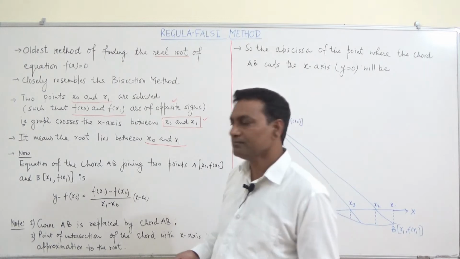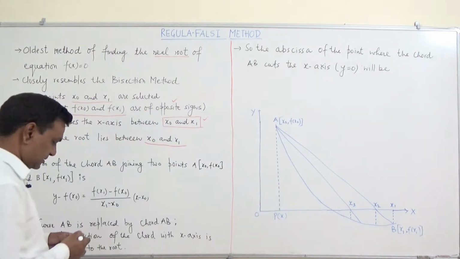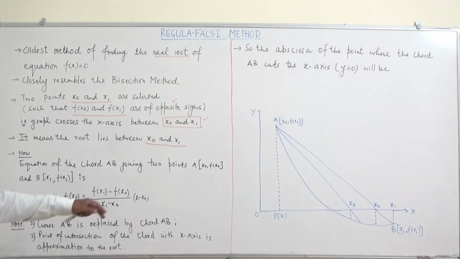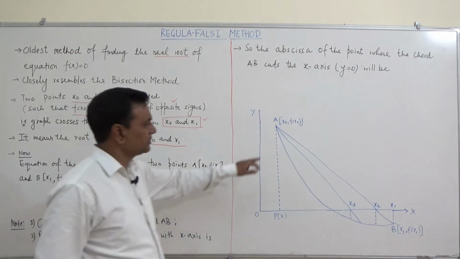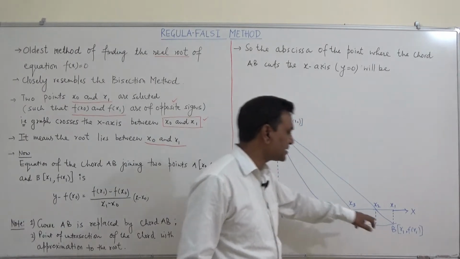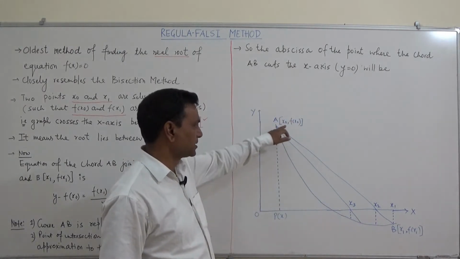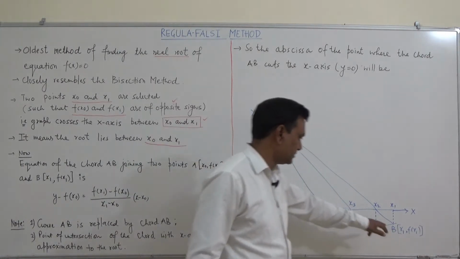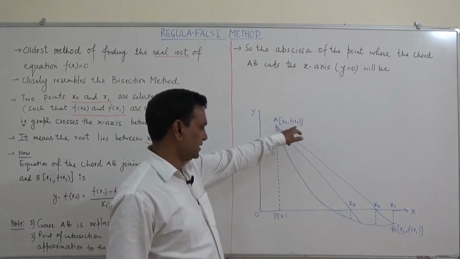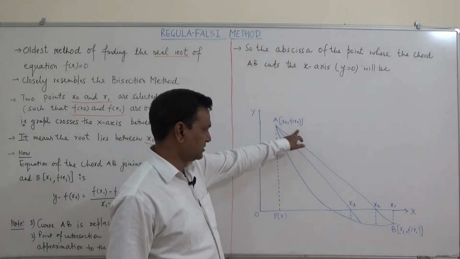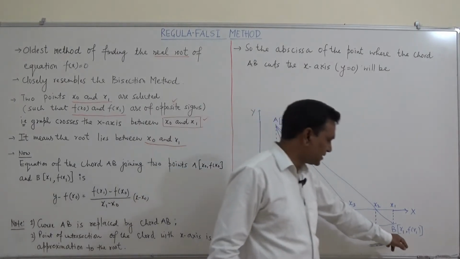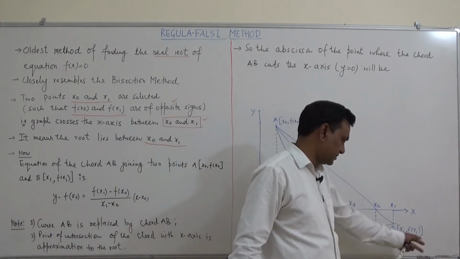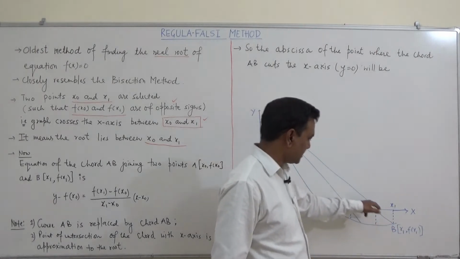Now as we can see in this graph, this is the chord AB, because in the starting we have taken the 2 values x0 and x1. For x0 we have calculated f(x0), so this is point A, and for x1 we have calculated f(x1), this is point B, and this is the chord.